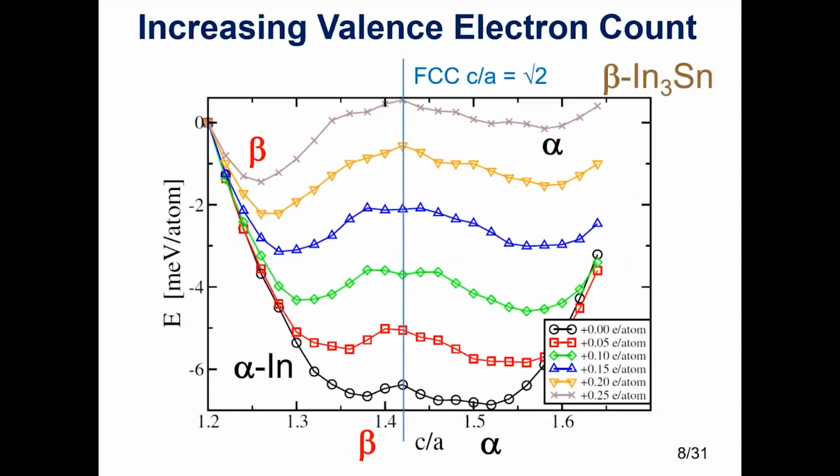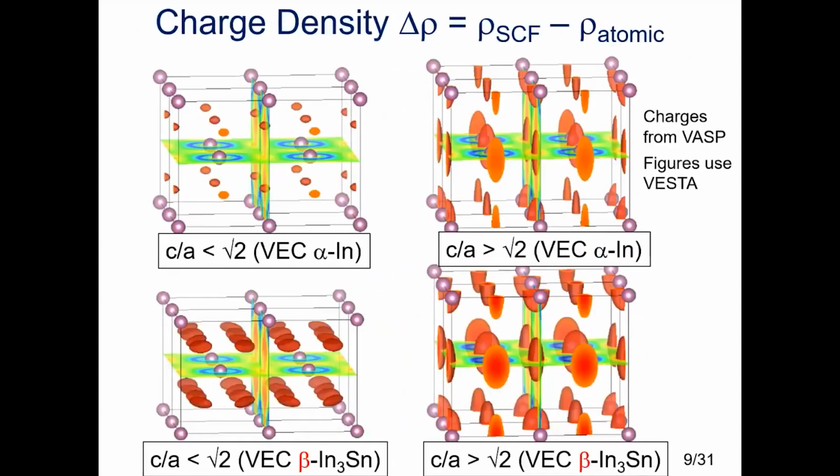So now I'd also like to speculate a little bit about what the physical origin of that behavior is. Why are there these two different states at two different valence electron counts? To try and understand that, I've calculated what's called the difference charge density, delta rho, which is the self-consistent charge density minus the charge density of isolated atoms.